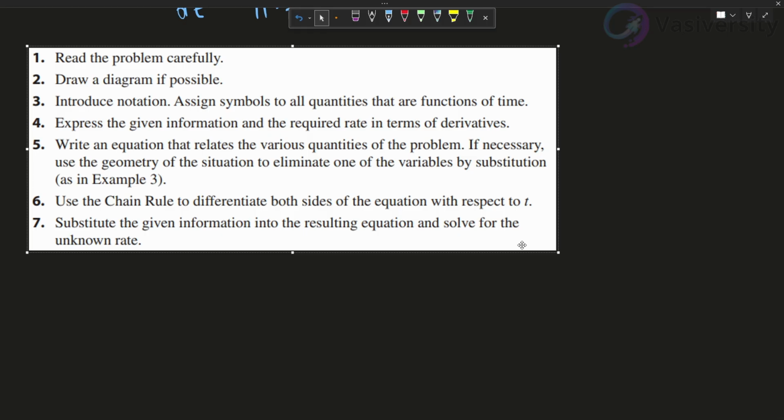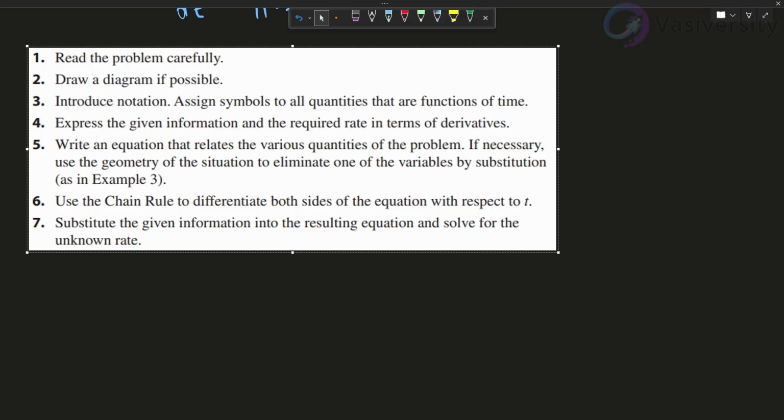Introduce the notation and assign symbols to all of the quantities that are functions of time. Express the given information and required rate in terms of derivatives. And write an equation that relates the various quantities of the problem and the things that we're looking for. And use the chain rule to differentiate both sides of the equation with respect to t and substitute the given information to find the resulting rate of change.